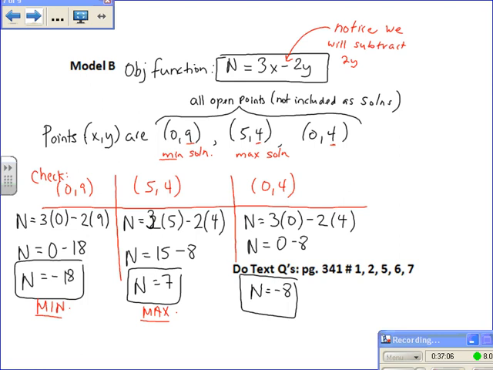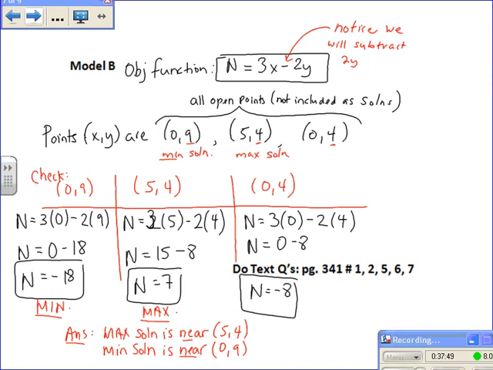Again, because these are all open circles, these data points weren't included, and if I had a graph, I would see them as open circles. So my final answer is that the maximum solution is near the point (5, 4), instead of at (5, 4), and the minimum solution, the combination of x and y that gives the lowest value of n, is near the point (0, 9).